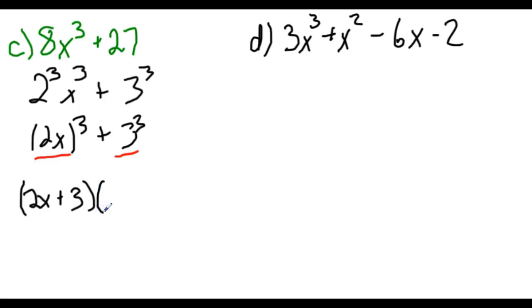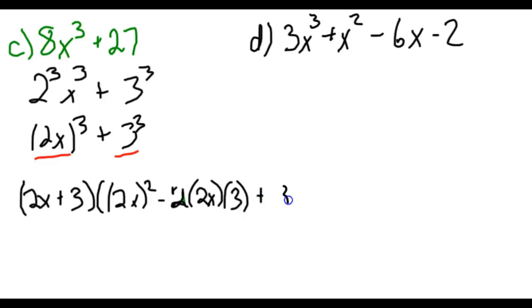Now in the second part, we need to take 2x squared, then we need to subtract from that 2 times our a value of 2x times our b value of 3. And then the last part is we have to add 3 squared.